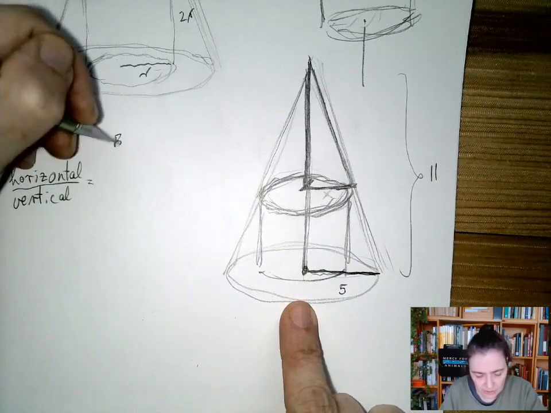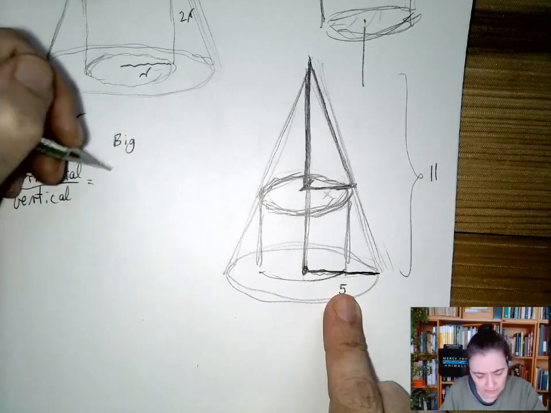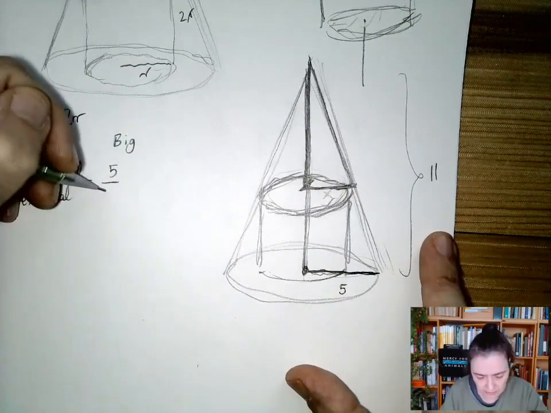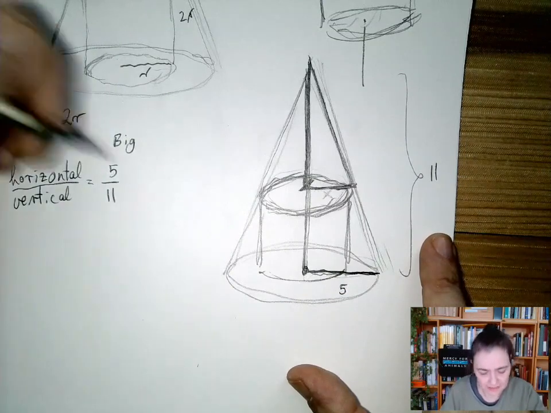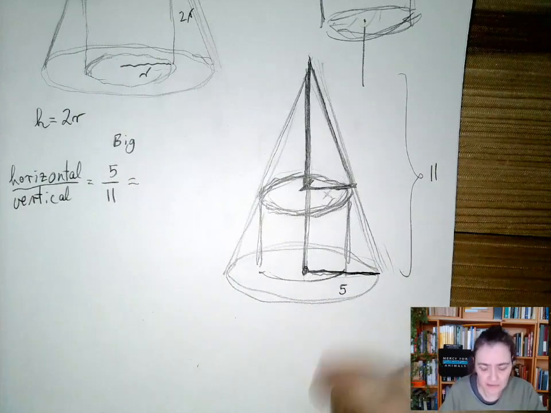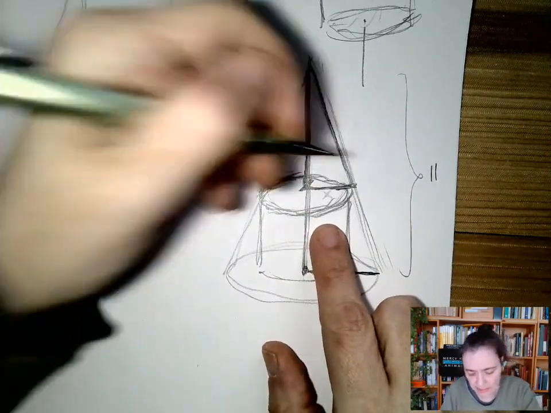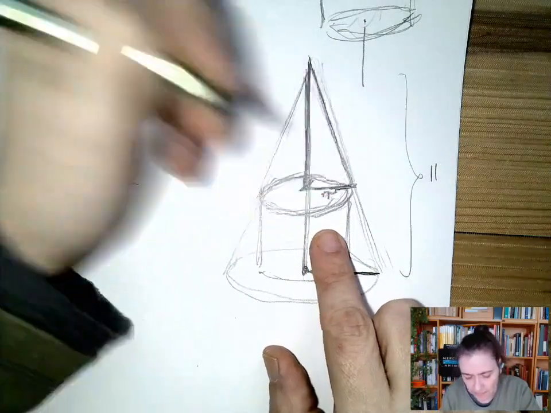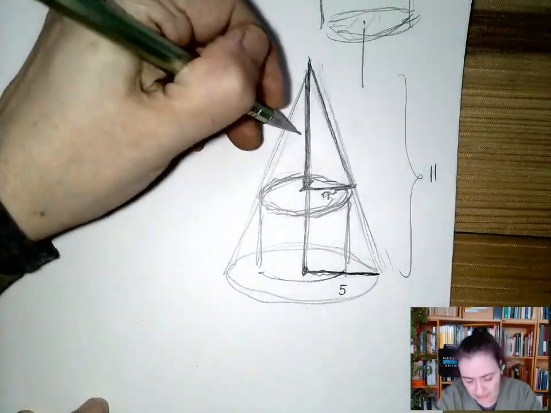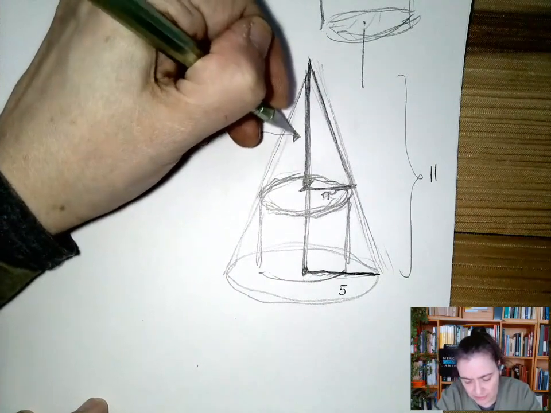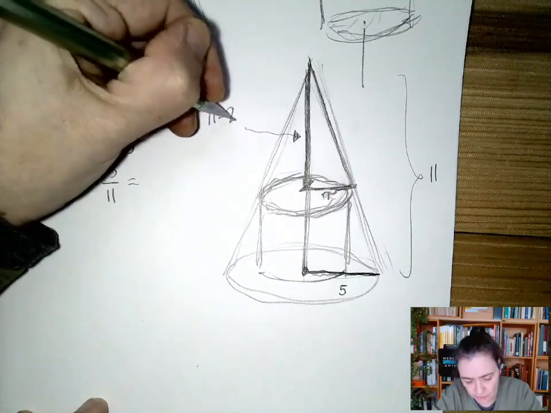So the horizontal side divided by the vertical side in the bigger triangle, that's pretty easy. The horizontal is 5, the vertical is 11. Done. But we have to state that in the little triangle. So the horizontal side is r. And then what makes this problem tricky is that the vertical side is not 2r, it's 11 minus 2r.